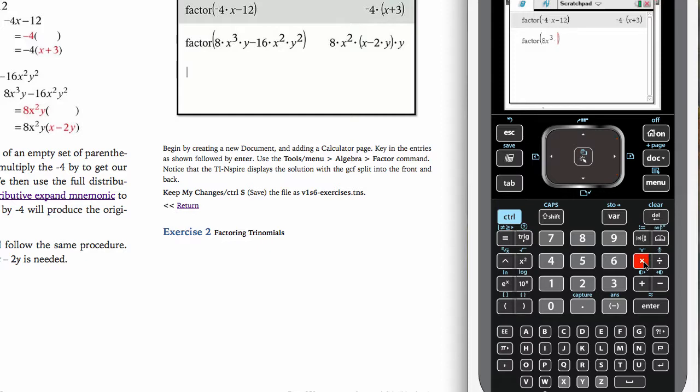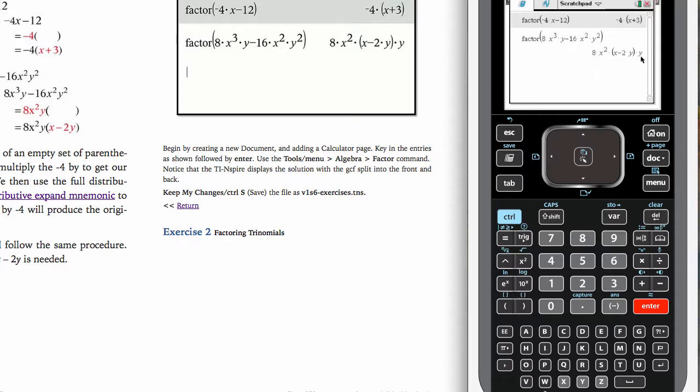So it's probably not a bad idea to put in the times sign when you work on these kinds of problems. Then subtract 16x, then square it, times y, and square it, and then press enter, and we get this answer, 8x squared times x minus 2y times y.